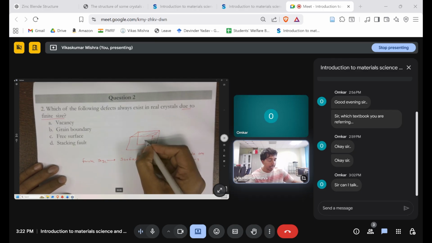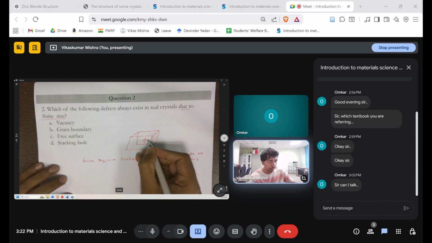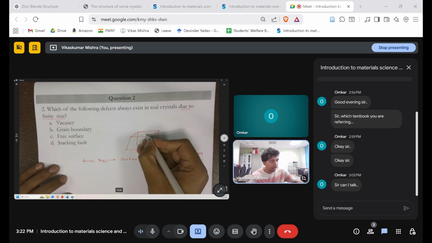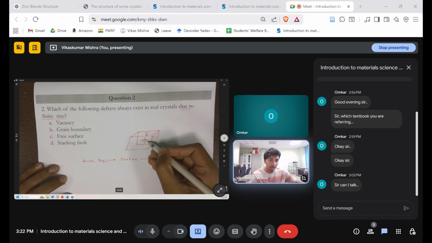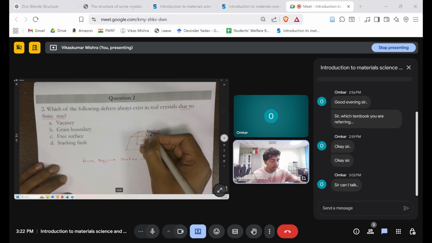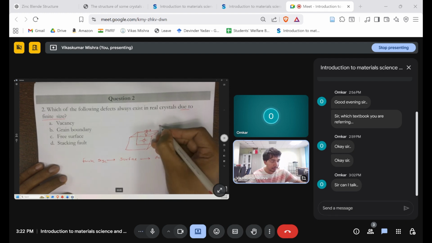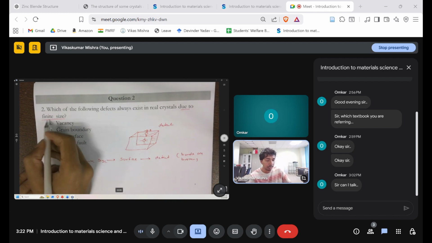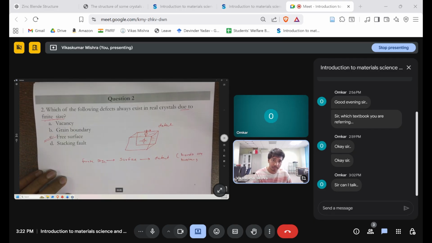If I take an atom inside, it will be bonded with n number of bonds, while an atom at the surface is bonded with fewer bonds compared to the one inside. This broken bond is nothing but a defect which is coming due to the finite size. So here the answer will be the free surface.